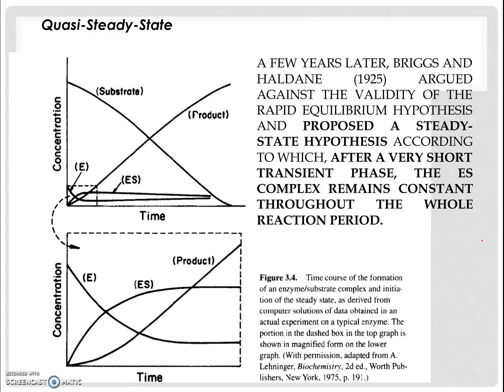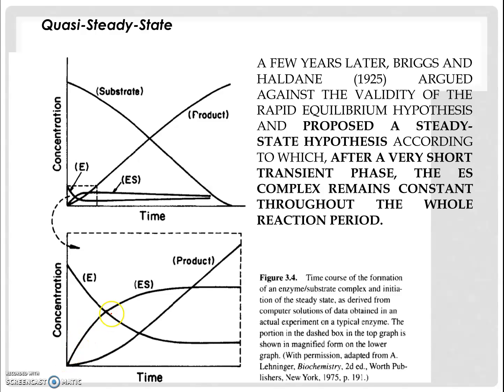Okay, another approach is by using the quasi-steady state, which is also known as PSSH, pseudo steady state hypothesis. It's similar. A few years later, Briggs and Haldane argued against the validity of the rapid equilibrium hypothesis, and then they proposed the steady state hypothesis, according to which after a very short transient phase, the ES complex, enzyme substrate complex, remains constant throughout the whole reaction period, which is represented by this figure here.